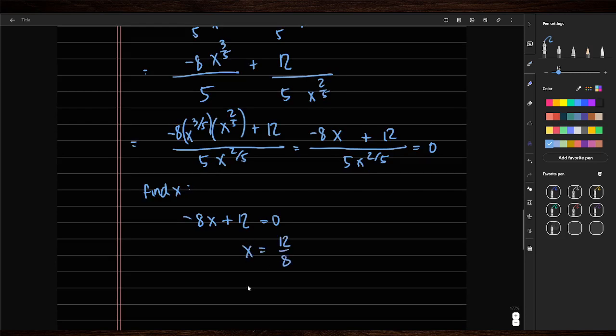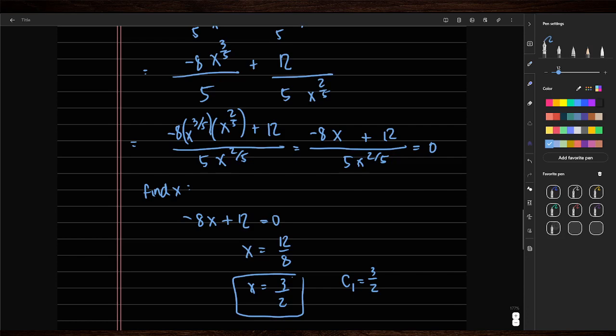If we divide by 4, this becomes 3 over 2. So that is your critical number. Your c1 is 3 halves, or at x equals 3/2, that becomes your critical number.